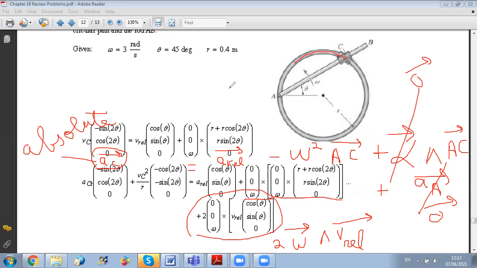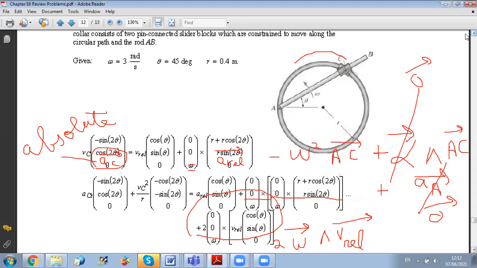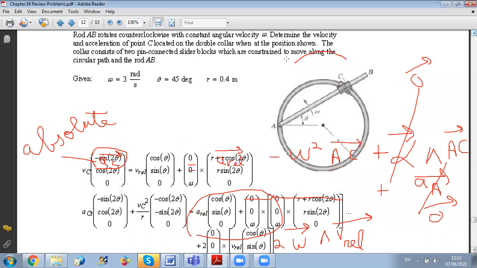You know that in rotation about a fixed axis, we can decompose the acceleration into two components. One that is tangent to the path and one that is normal to the path. So here, for AC absolute, I can write it as two components: AC tangential, which is perpendicular to the radius, and AC normal, which is directed towards the radius.